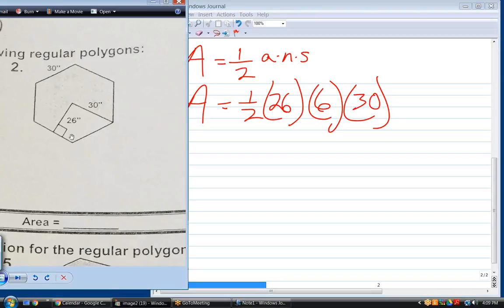The whole key here is figuring out that the apothem is the thing that makes a right angle with one of the sides. That's what the apothem always does. It never connects to the vertex. I could draw the apothem from there to there, or from there to there. It's going to be the same thing, but the key is that right angle.